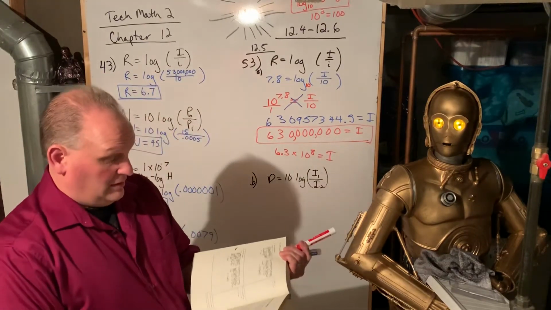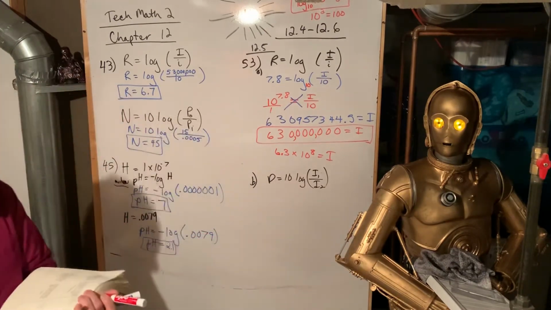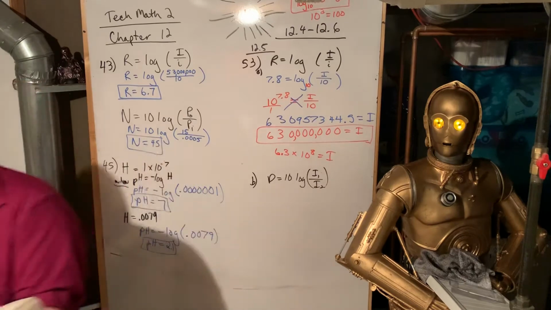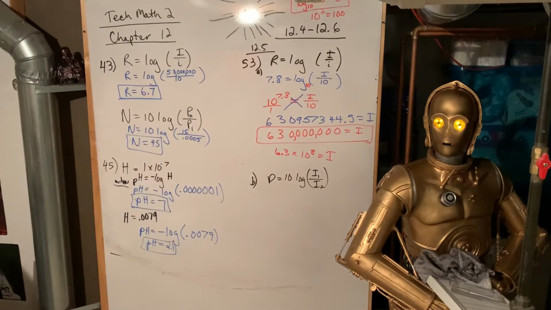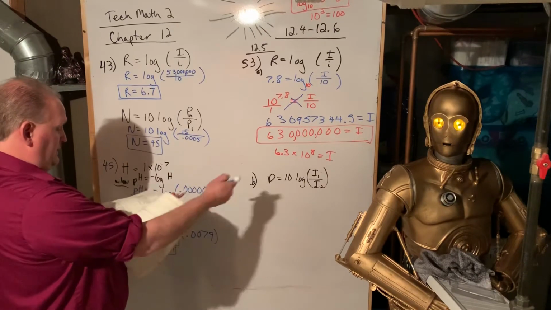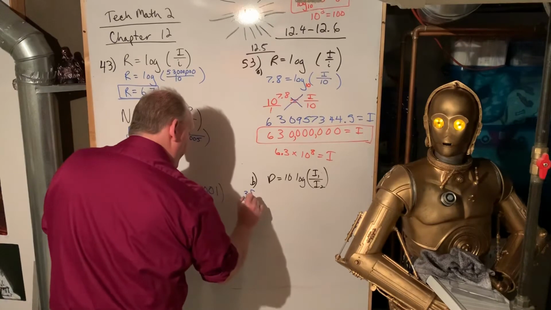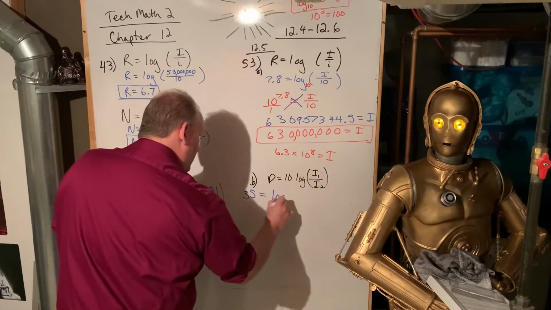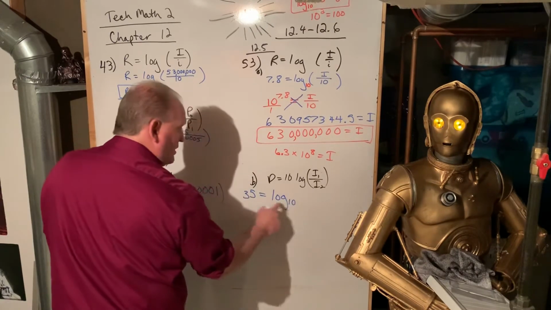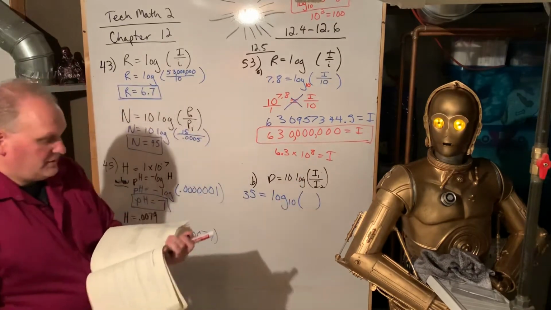All right. And then let's do a decibel one where they give us the decibels, but they want us to find the other one. So decibels given were, let's see, what does it say? 35. Log base 10. Remember, it's always log base 10 of, and let's see which one of those they gave us.